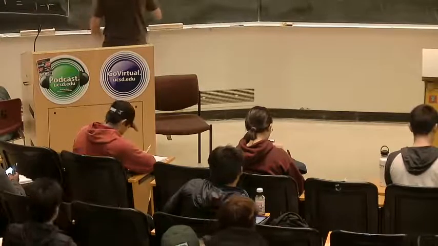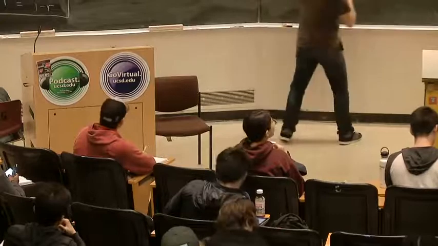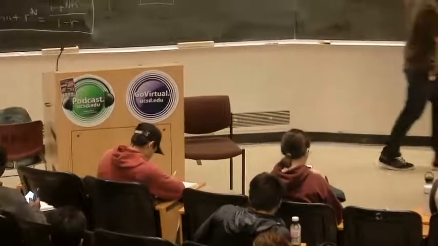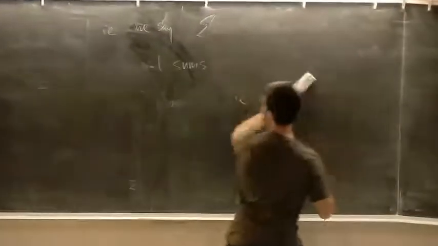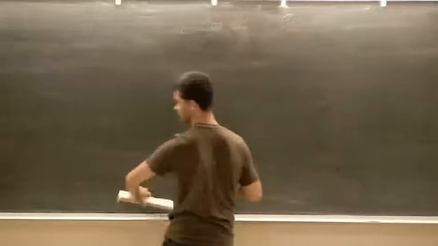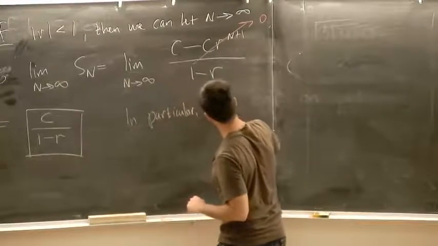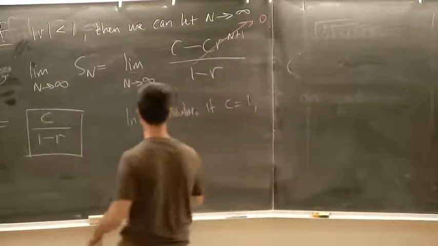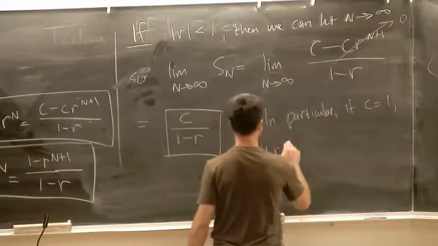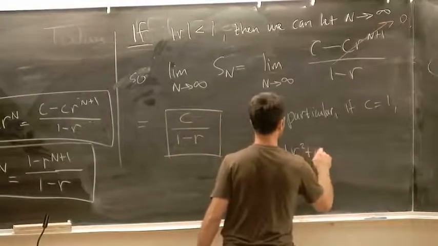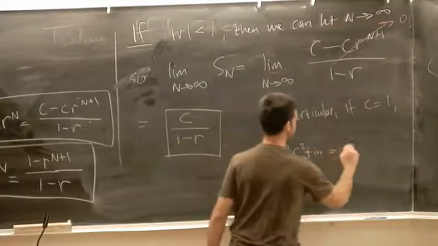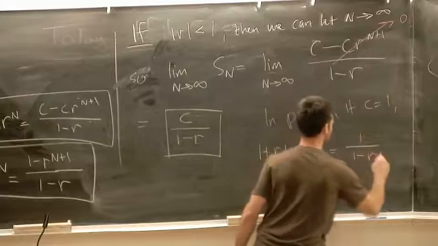So in particular, let's do the c equals 1 case, because that's a pretty common one. If c is equal to 1, then we get the following expression: 1 plus r plus r squared and so on off to infinity is just equal to 1 over 1 minus r.